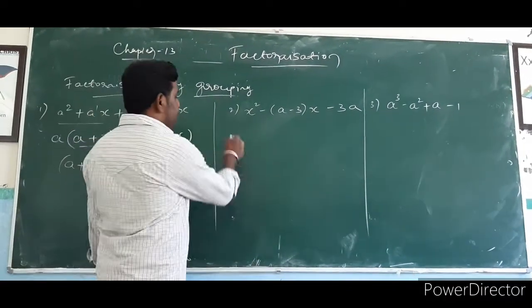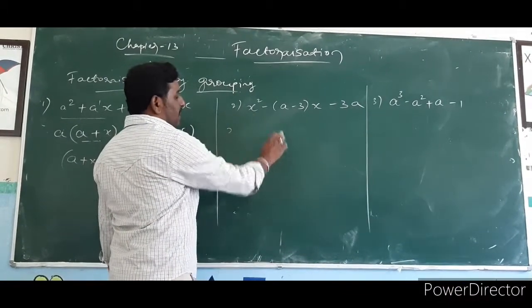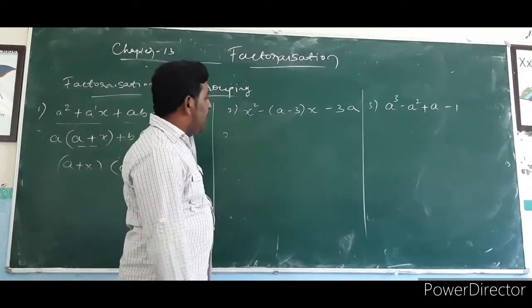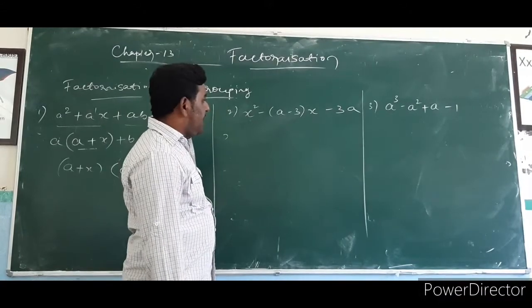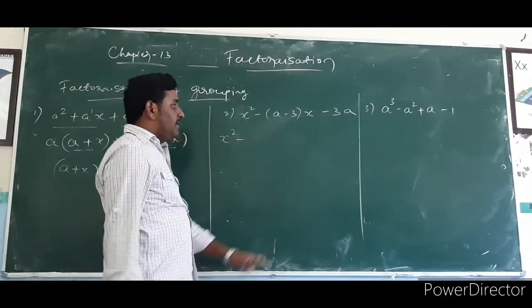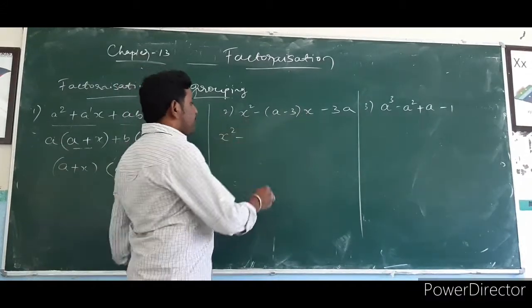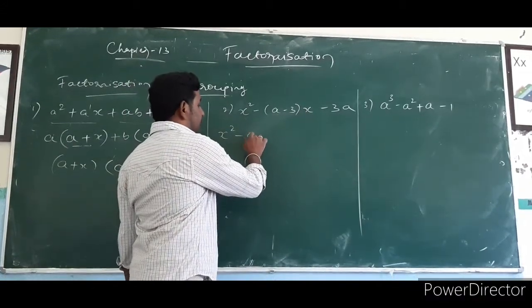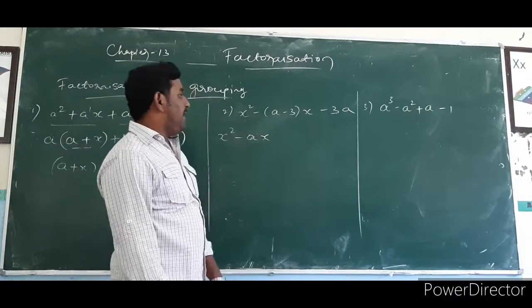So here in the second problem, x square minus a minus 3x minus 3a. First you have to simplify it with the bracket. x into a, x.